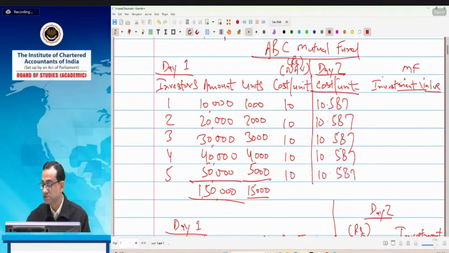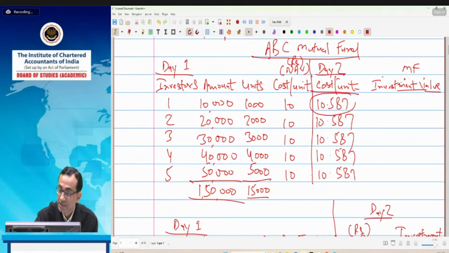So my question is, now the mutual fund investor, for example, investor one wants to invest in this ABC mutual fund on day two, further units. So will he get at 10? No, the answer is obvious. The answer is no. He will get the units at 10.587, which is the unit price on day two. So this way the prices of mutual fund units also fluctuate. So let us see what is the investment value in this case.